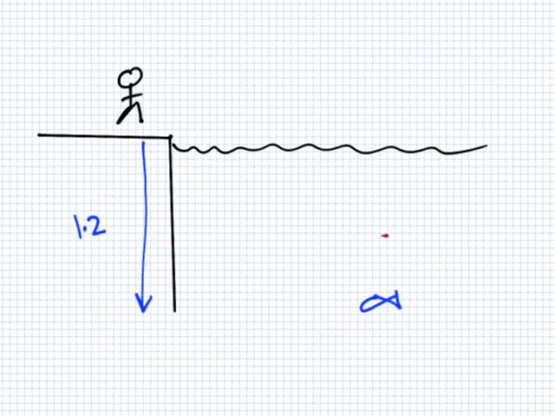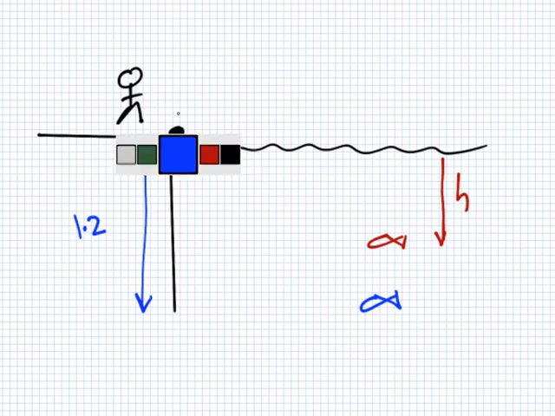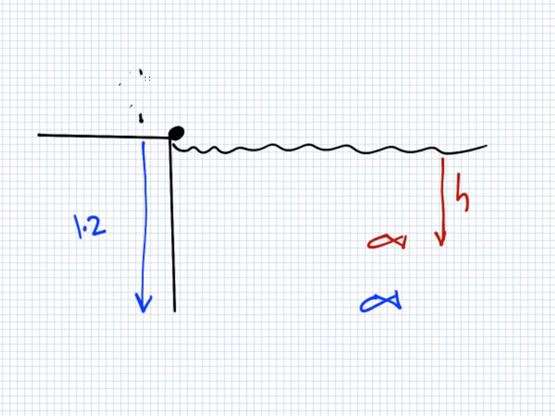Instead, it only looks like whatever. We'll call this distance here h. So, we'll put this point here. Now, actually, I'll draw my man later once I draw the lines in.